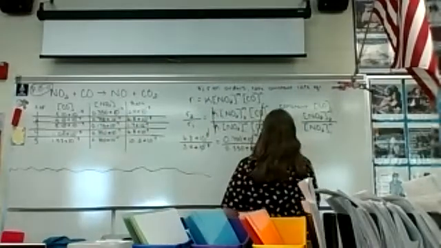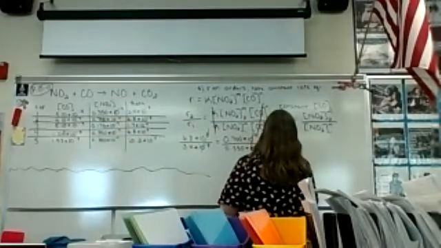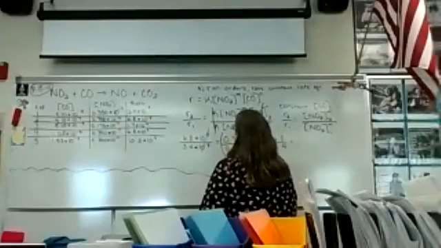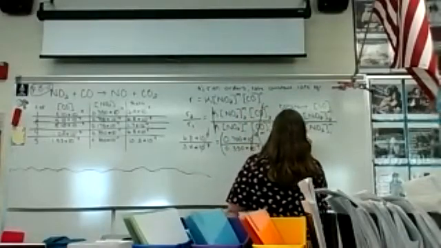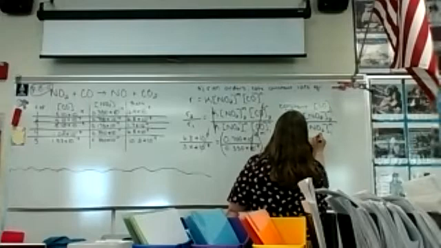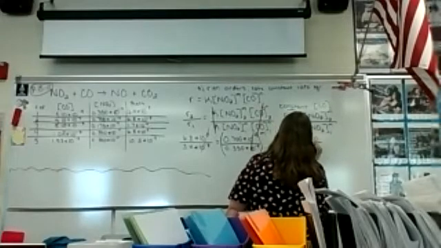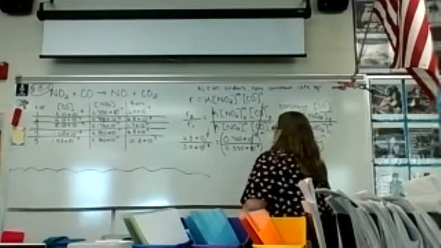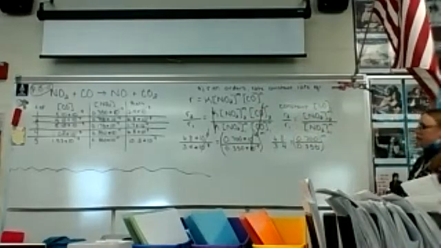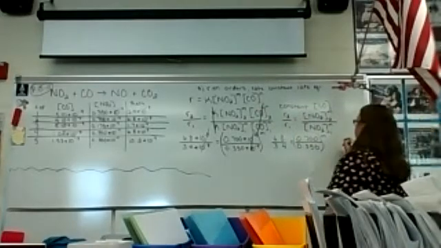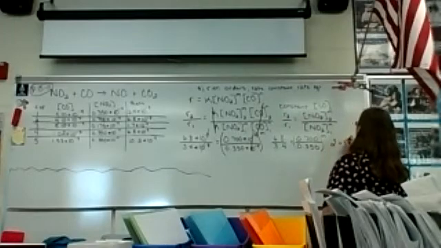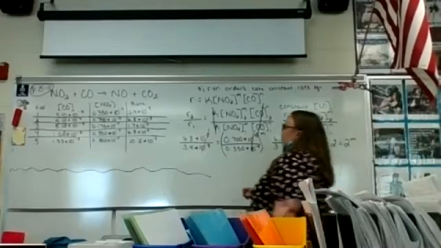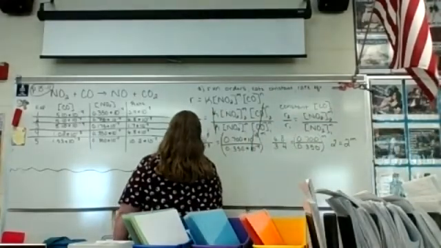So we are left with 6.8 over 3.4 is equal to, and this is all raised to the power of m, 0.700 over 0.350 raised to the power of m, the reaction order. Therefore, we get 2 equals 2 to the m. So m equals 1.